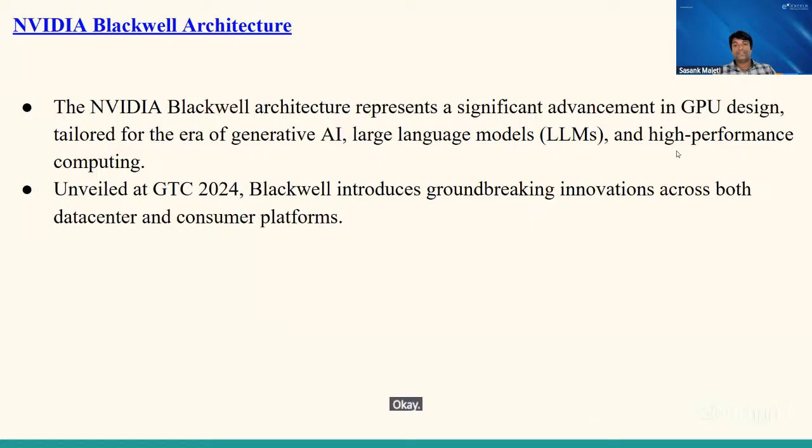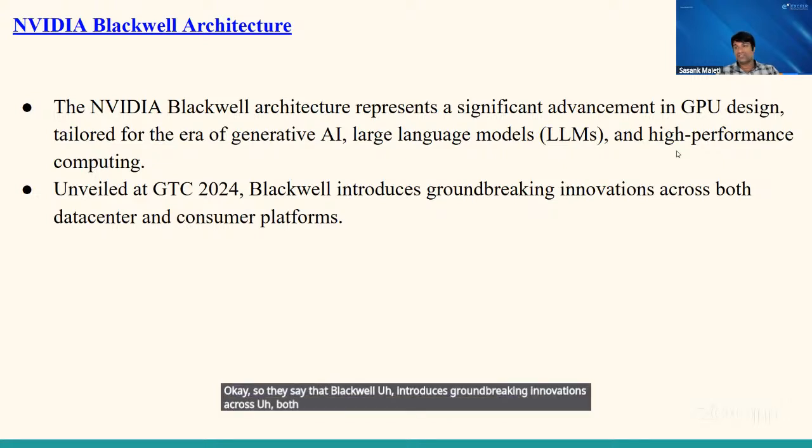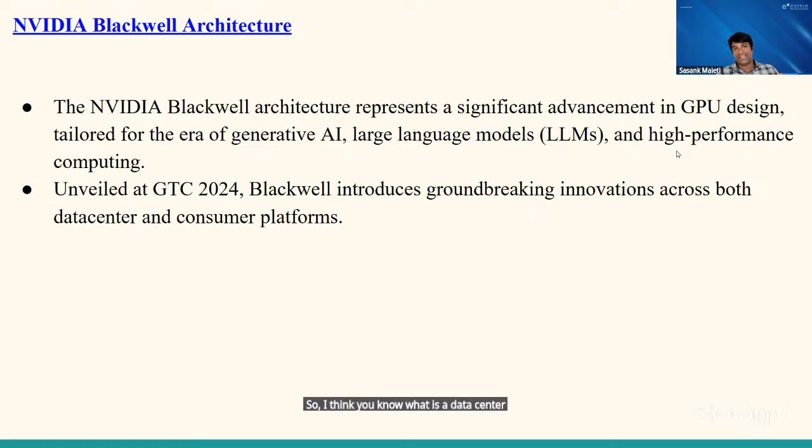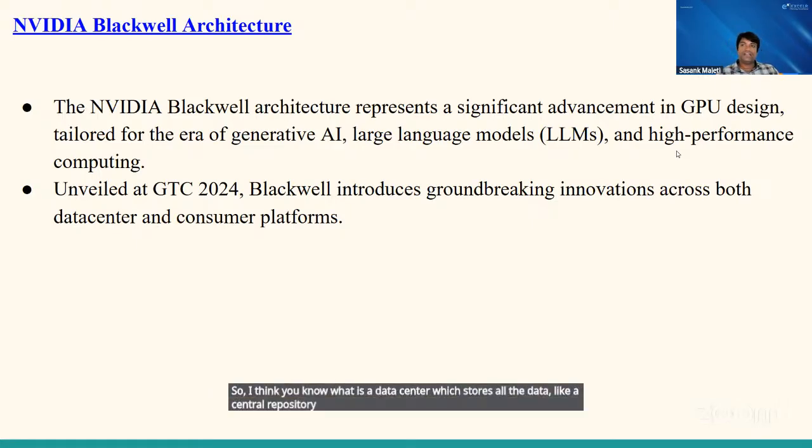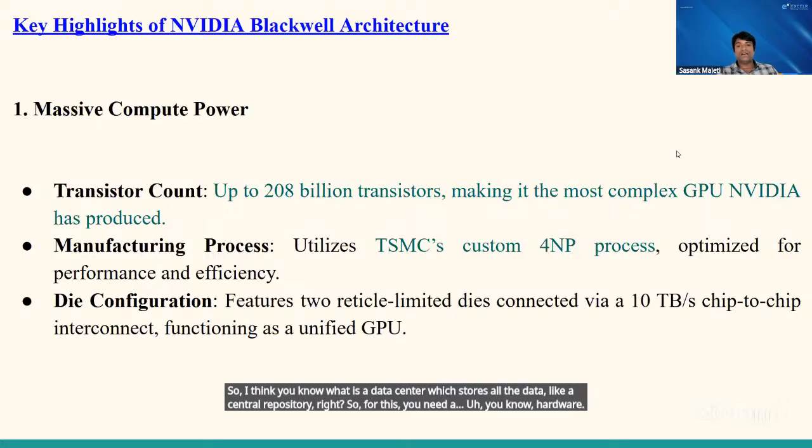Okay, so they say that Blackwell introduces groundbreaking innovations across both data centers and consumer platforms. Because, as a normal consumer, apart from that, it is also very important what powers the data centers. I think you know what a data center is, which stores all the data like a central repository, right? For this, you need hardware.